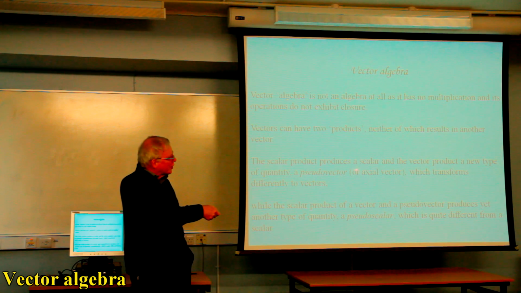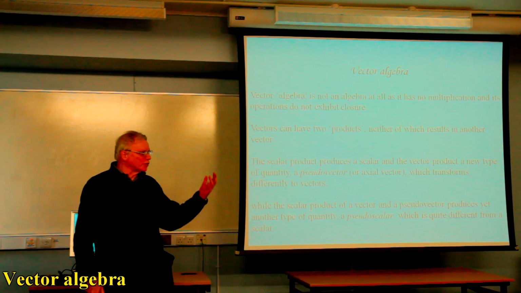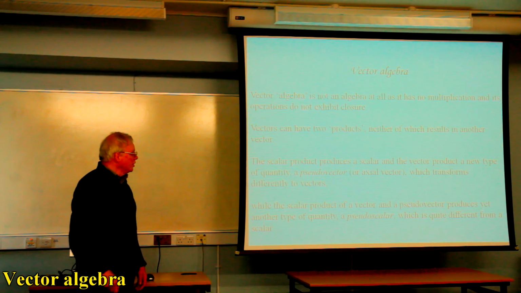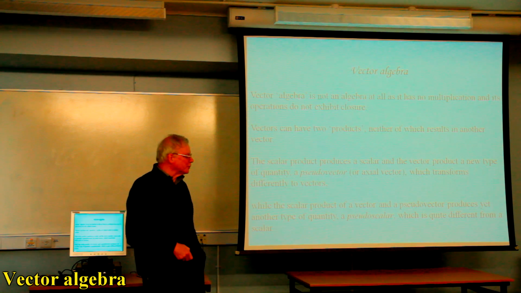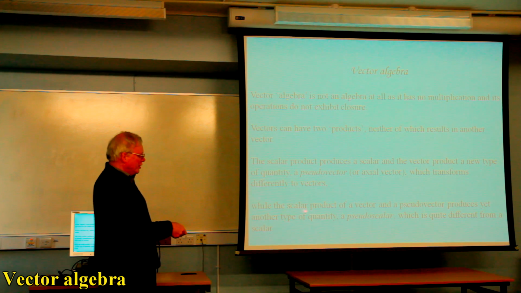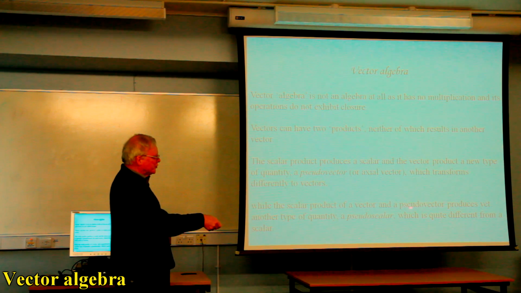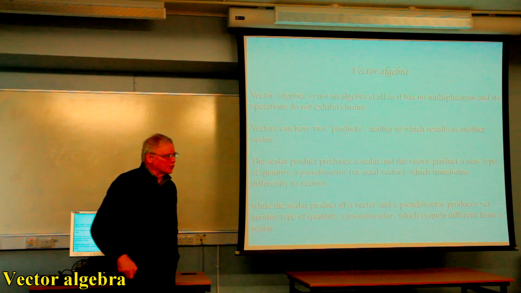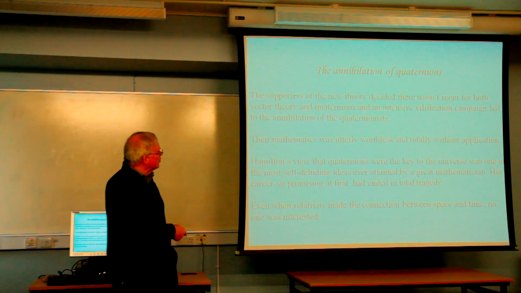One of them gives you a scalar, and the other one, the so-called vector product, doesn't give you a vector, it gives you a pseudo-vector, an axial vector, for example angular momentum or something of that kind, which transforms differently to a vector. And the scalar product of a vector and a pseudo-vector, for example space and angular momentum, gives you another type of quantity called a pseudo-scalar, which is quite different from a scalar. So it's a bit complicated.